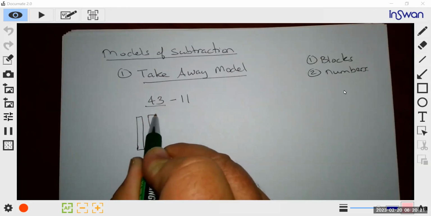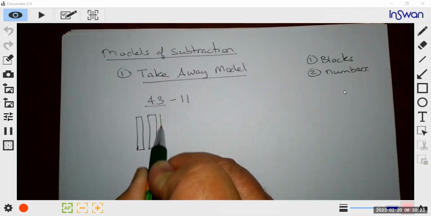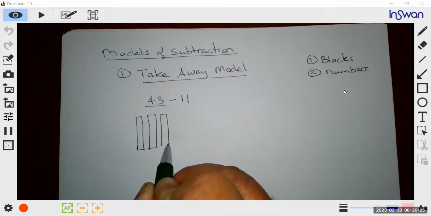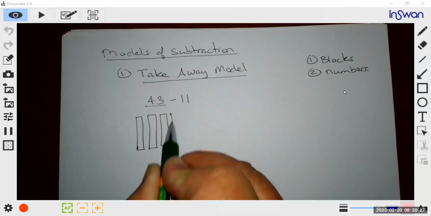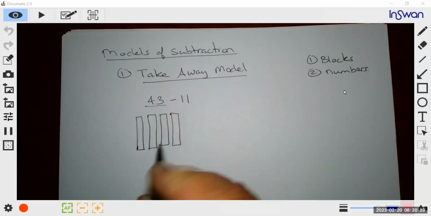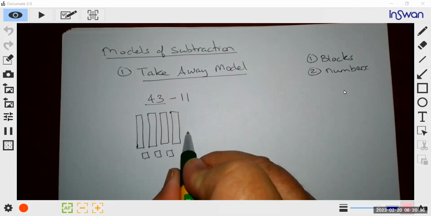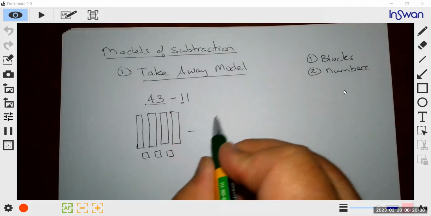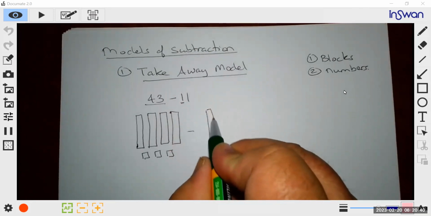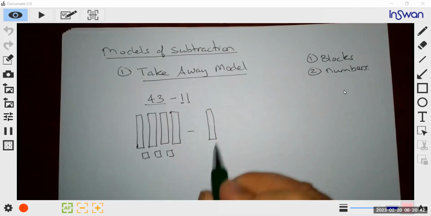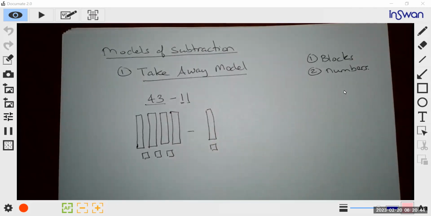Those are each 10. We have 4 of those. And we have 3 individual blocks, right? That constitutes 43. 11 is we have 1 bar and 1 box.